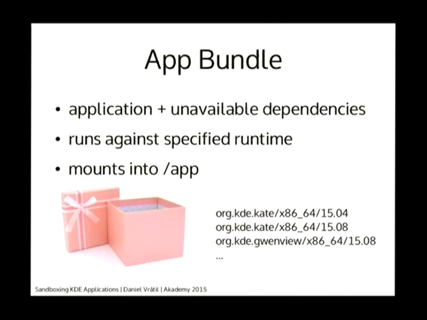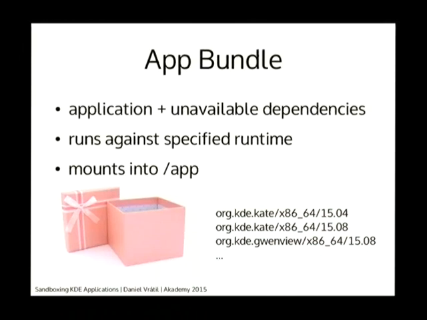And we also export the necessary variables. So PATH is first in /app, then falls back to /bin, LD_LIBRARY_PATH, Qt plugins, and all these libraries. All these variables are first pointed to the application folder. So in theory, an application could even override some plugins from Qt or KF5, and then we fall back to whatever the runtime provides.